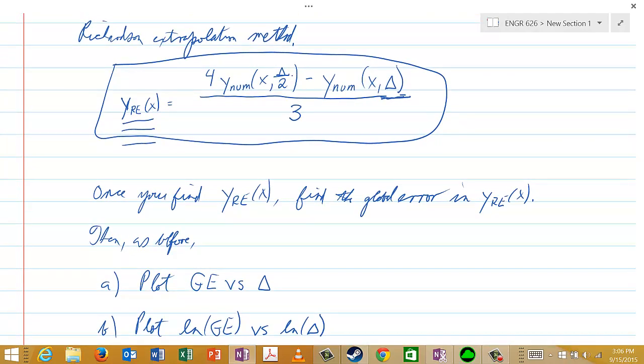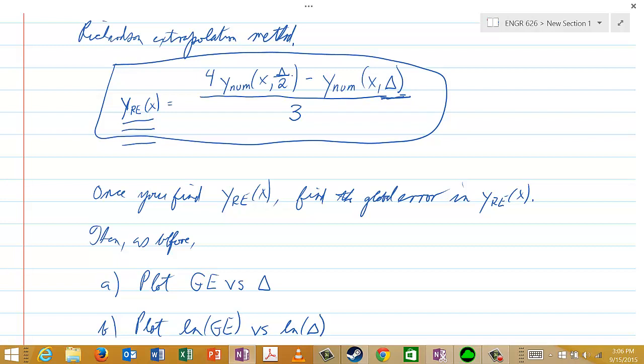But when you do that, you will only calculate the Richardson extrapolate at those points in the mesh with spacing delta, not in the mesh with spacing delta over 2. So you will calculate the Richardson extrapolate on those nodes, and then you will calculate your global error, and record that global error for that delta. And now you finish and go to the next turn through the loop.